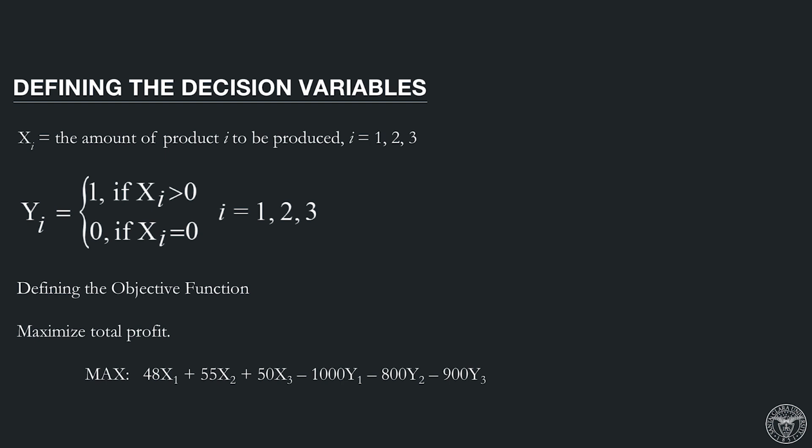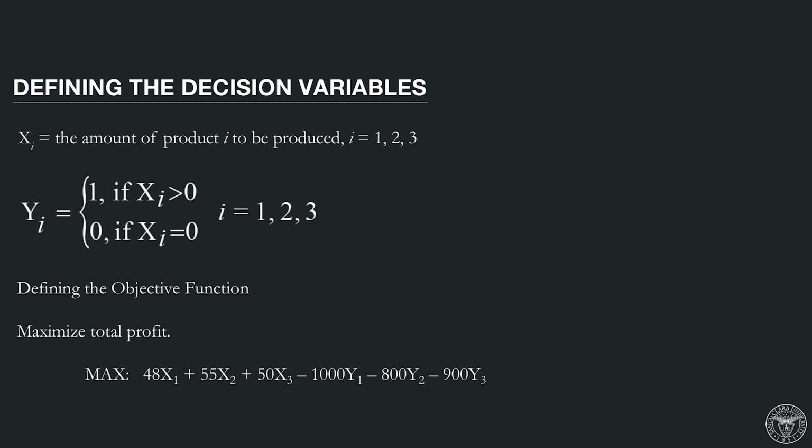With the new decision variables, we can redefine the objective function. Again, we are going to maximize the total profit. Differently from the previous objective function, we are going to subtract the setup cost. In this case, we are going to subtract 1000 times y1, minus 800 times y2, minus 900 times y3.